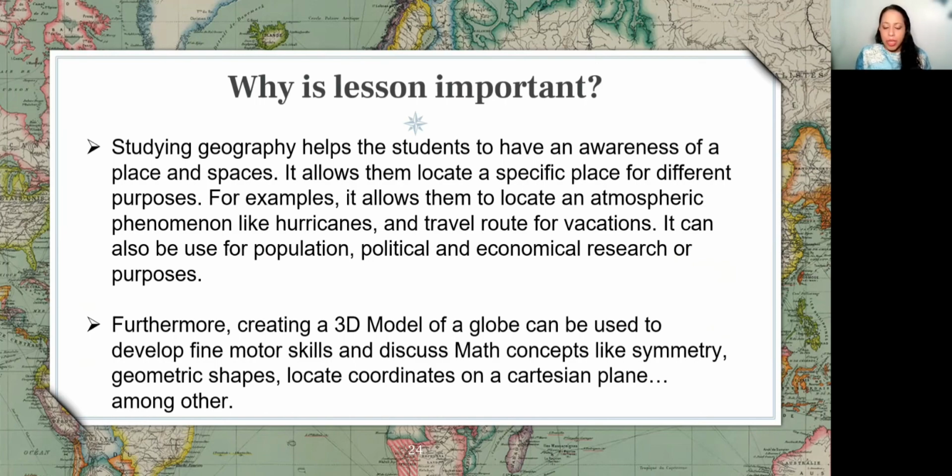You can also use this type of activity in art classes or maybe in English, if the students write a paragraph of the step-by-step that they did to create this model. So this is an activity that can be used in different subjects.